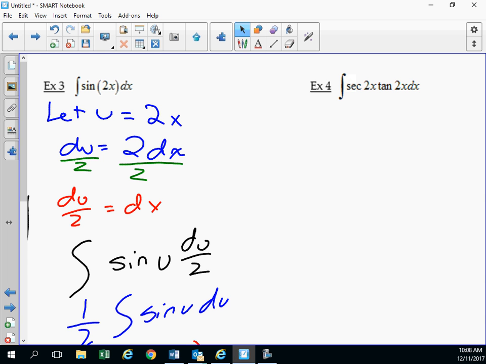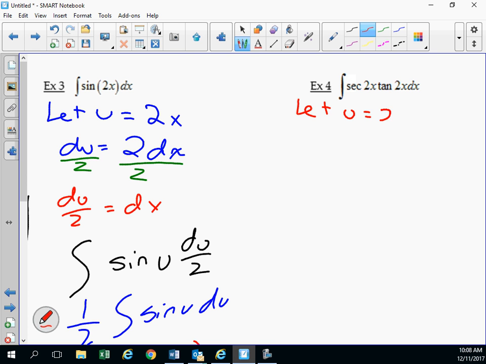If it is not a plain old x sitting after that trig function, so sitting after where the angle is, sitting after sine, cosine, tangent, cosecant, secant, cotangent, you're going to use your sub. Guaranteed. So let u equal 2x, then du is 2 dx, which I don't have the 2.